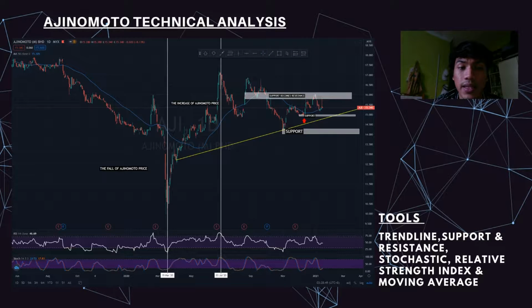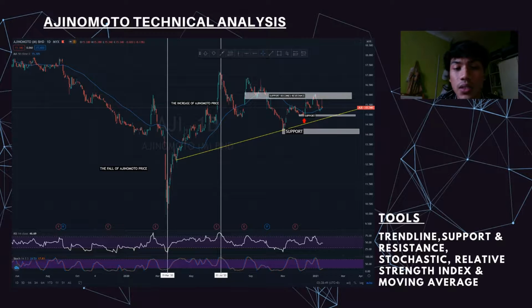Looking at the indicators, the moving average line and the current price are near to each other. And looking at the current price, it looks like it wants to cross upwards of the moving average line.